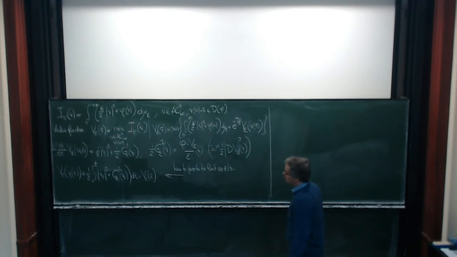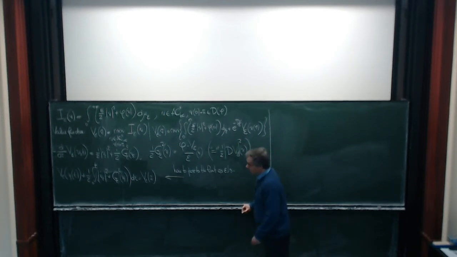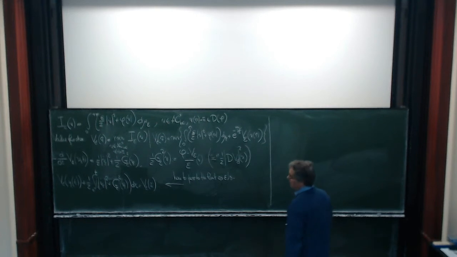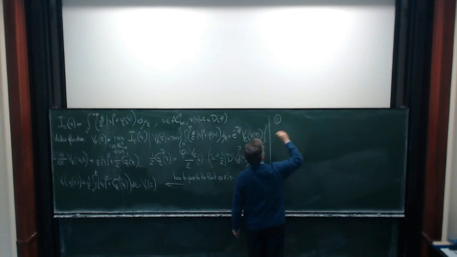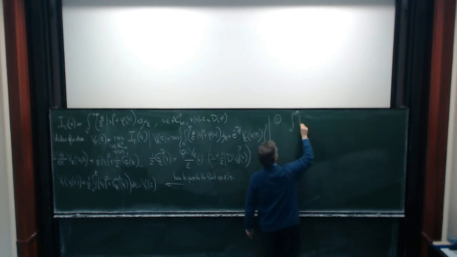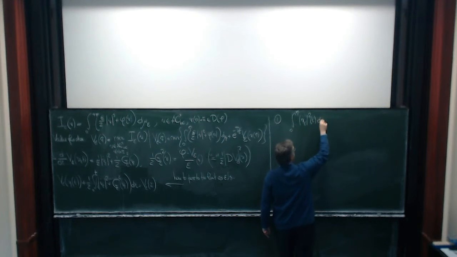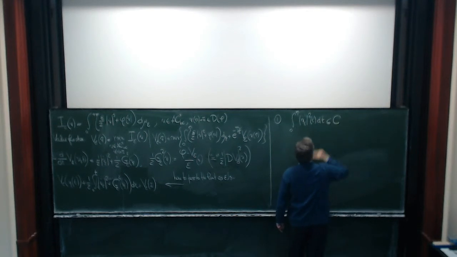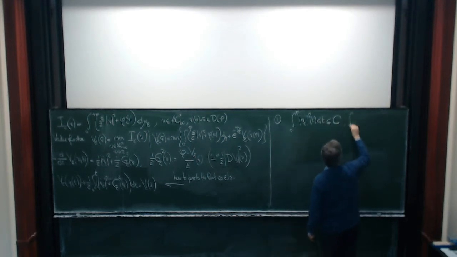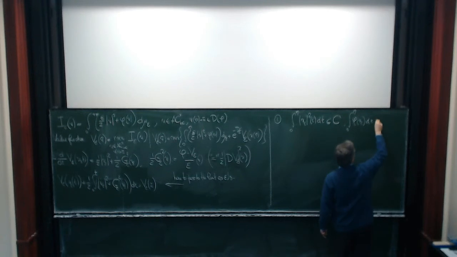First of all, we need to prove some reasonable compactness, and we want to show that for the sequence u epsilon, for arbitrary final time, you have these a priori estimates uniformly with respect to epsilon, and the integral of phi of u epsilon at t is less than c.